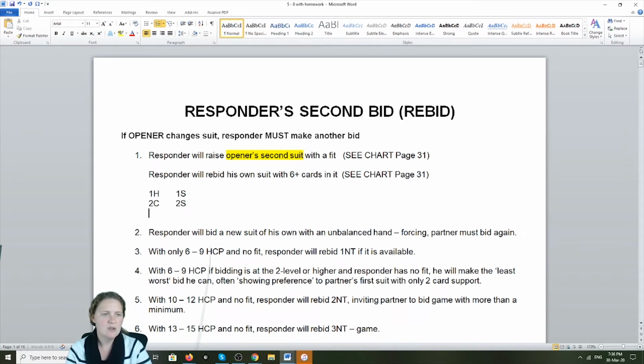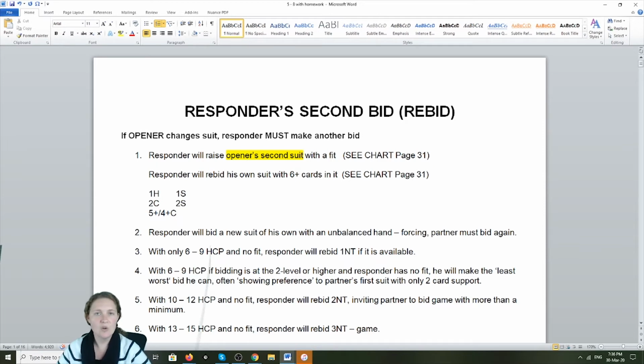Now, the reason it's not 5 is that when our opener said 1 heart and then 2 clubs, they promised that they had 5 or more cards in hearts. They promised that they had 4 or more cards in clubs. And this is the situation that we're at. Now, unless your partner's been dealt a few extra cards, we're getting pretty close to our limit of 13.